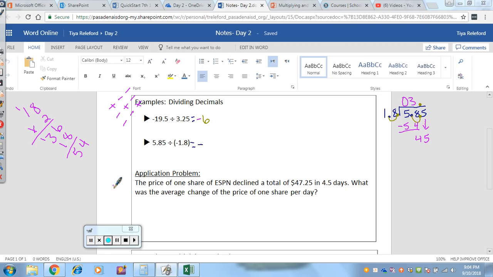Now how many times does 18 go into 45? 2 times, right? And I don't have to redo my multiplication because I did it. If you keep everything spaced out nice and neat, use lots of paper, you can find your work.